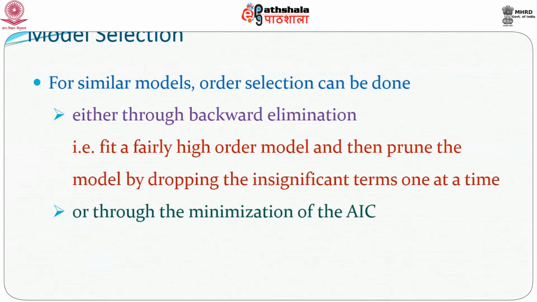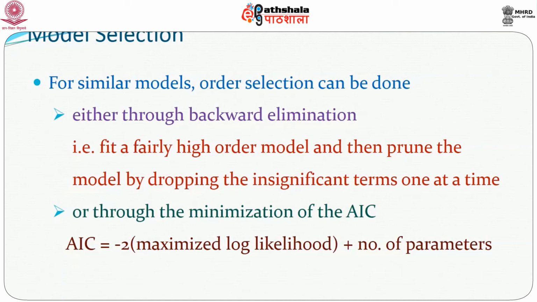The alternative is to use the AIC and to use a model which minimizes the AIC. Remember, the AIC is minus twice the maximized log likelihood value plus twice the number of parameters. If you have a very large model, the maximized log likelihood itself will be large, but minus twice the maximized log likelihood would be small, while the number of parameters would be large.